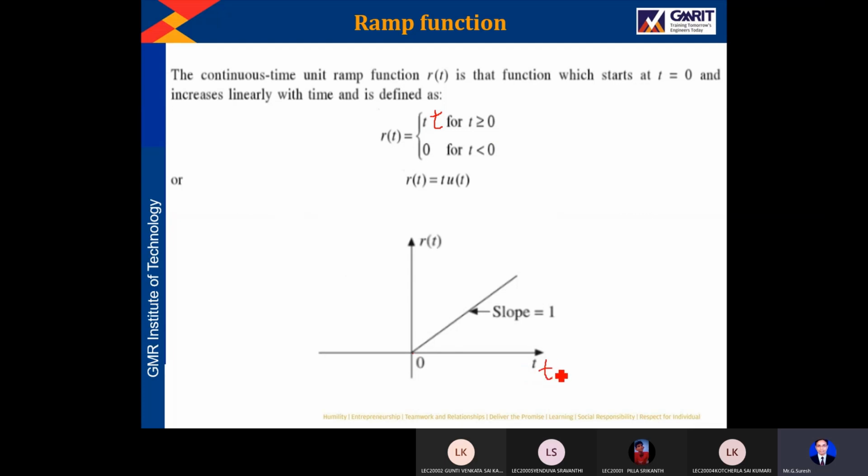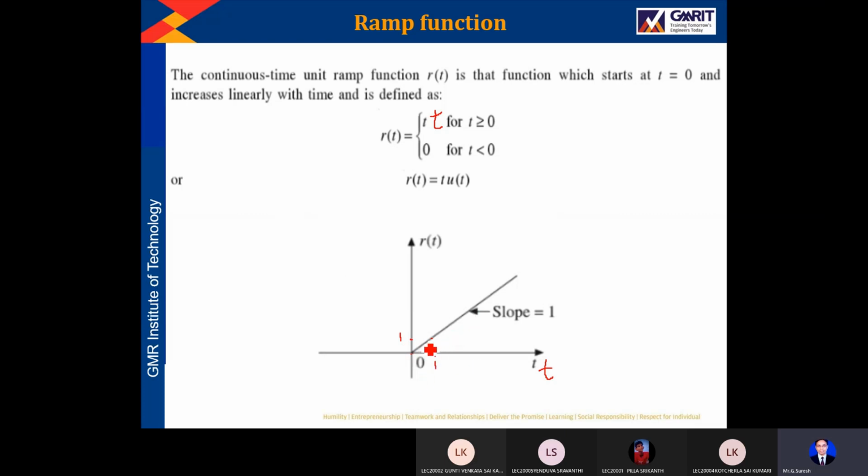X-axis is also t. So at t equal to 0, what is the value of r of t? Amplitude t. That means its value is 0. If you want to look at the amplitude at t equal to 1, then its amplitude is also 1, because we have given that r of t is equal to t. So whatever values we take on the x-axis, obviously the amplitude is also the same.